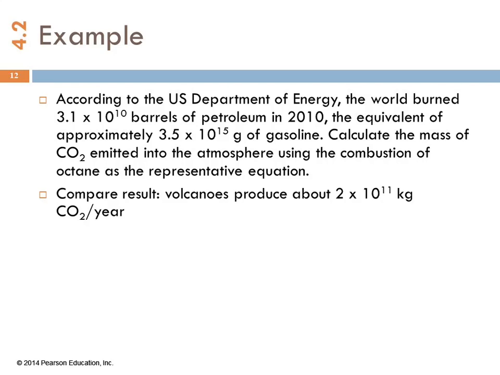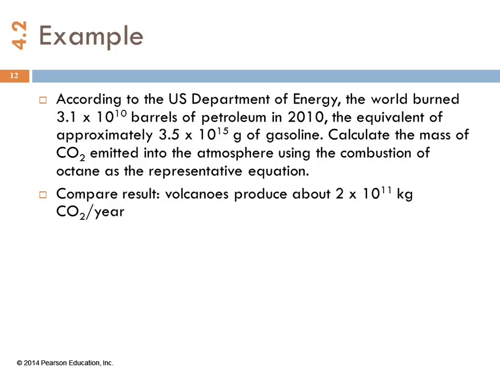And gasoline is not just octane, but there is octane and similar things in gasoline, and so it represents gasoline, which is a mixture. And then we're supposed to compare this to the amount of CO2 that volcanoes produce. Not sure exactly how they estimate that, but I'm sure they have their ways.